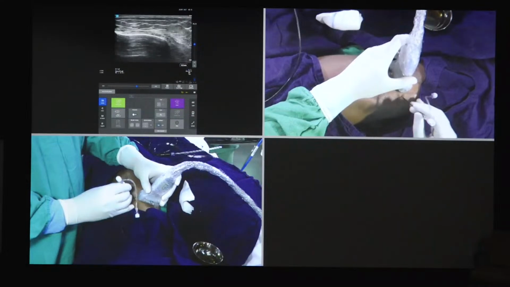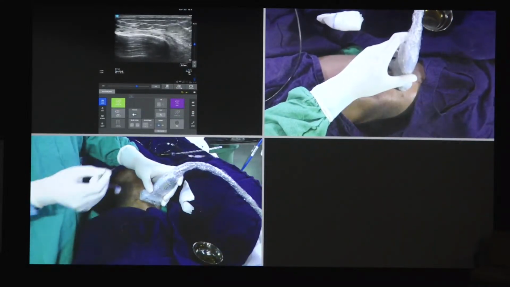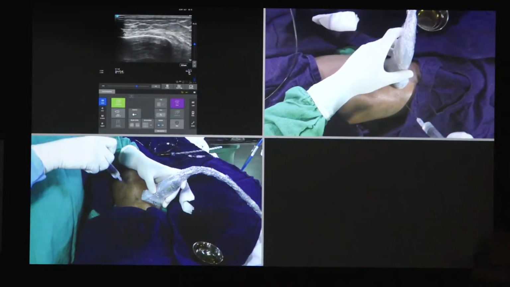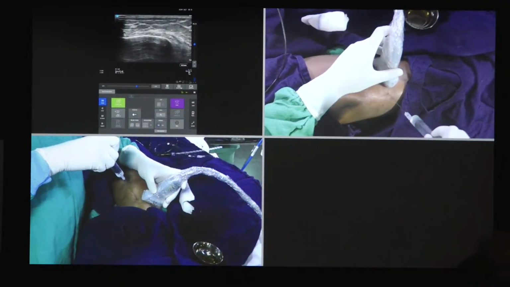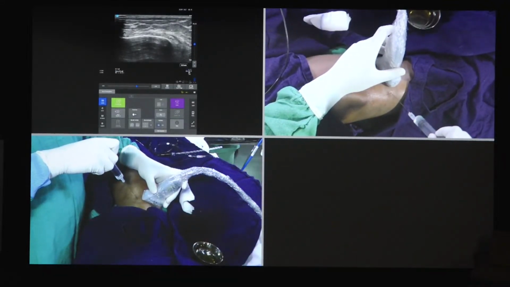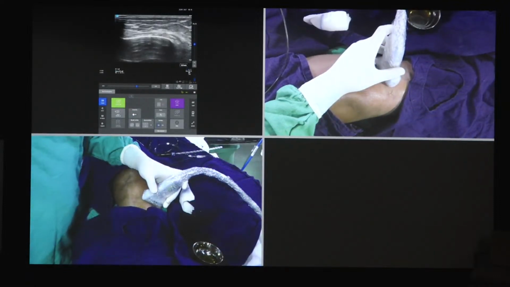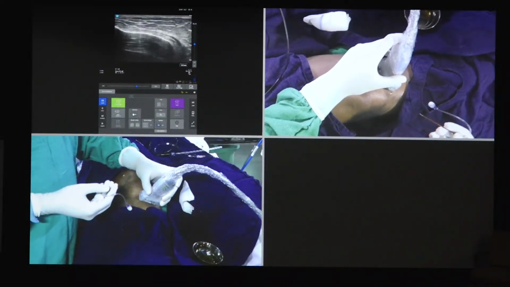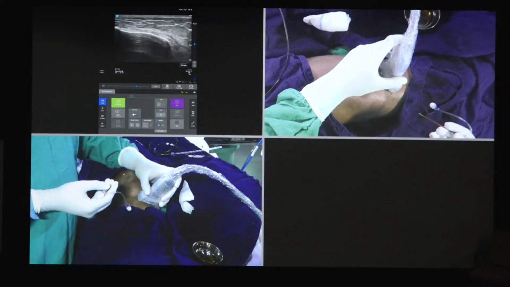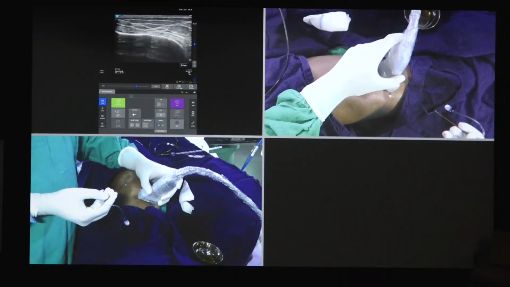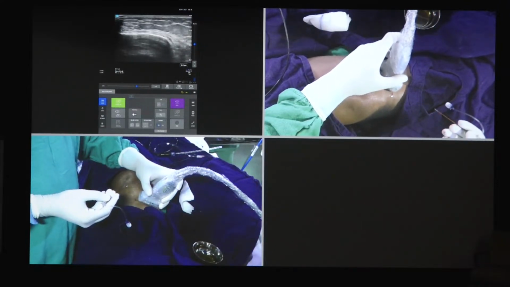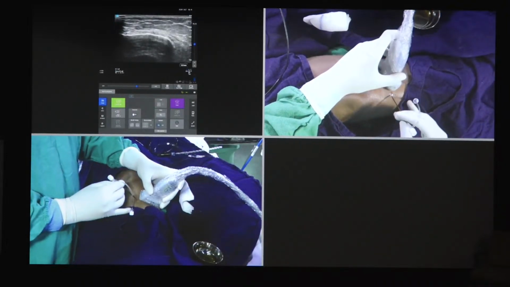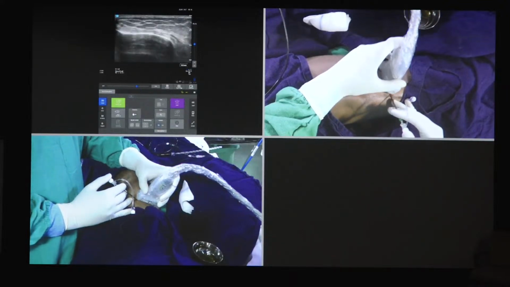So inserting the RF cannula. Okay. Need to give a little more. So we'll wait for some time for the local anesthetic to act. Okay.